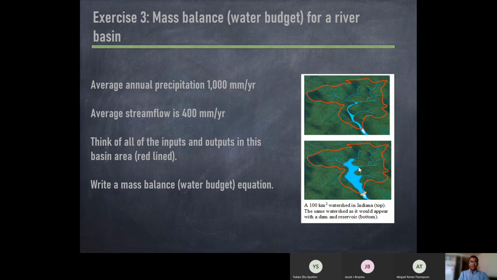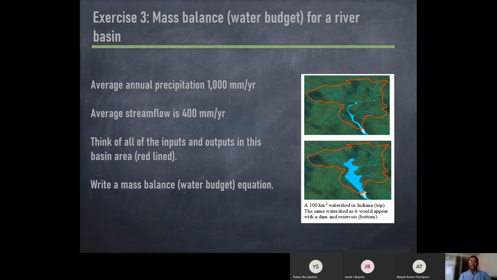Okay, I see your responses. 1,000, 4,000 plus accumulated precipitation, evaporation plus. No, you got the point. You got the whole point.